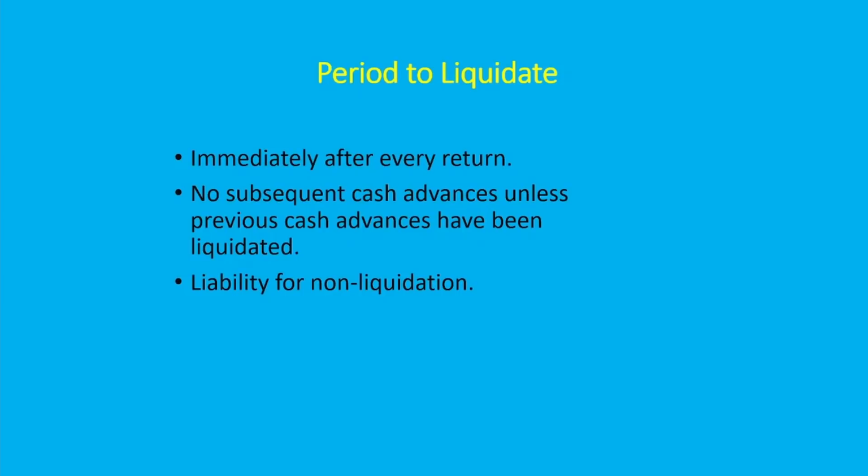Liability for non-liquidation: you might be subject of an administrative matter. In the audit observation reports, the sheriff or process server is not using the STF, so they want the STF to be deposited to the Bureau of Treasury. That's why the OCA is getting strict on the use of STF.